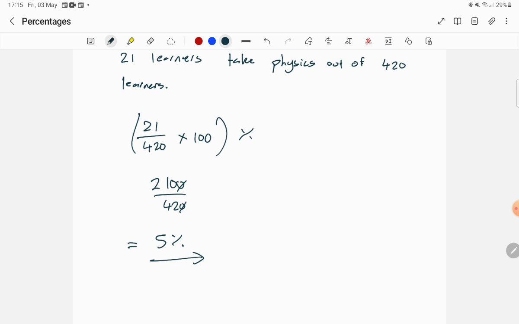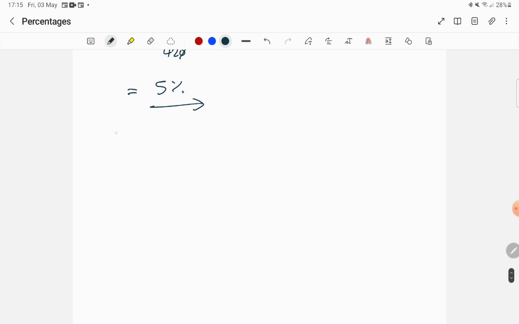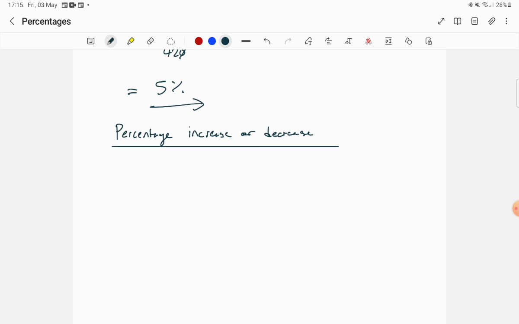So that is with regards to that. The next concept in terms of percentage is percentage increase or decrease. Let's have a look at calculating the percentage increase or decrease. This depends on the actual values. If it is positive, then it would be a percentage increase. If it is negative, then it would be a percentage decrease.